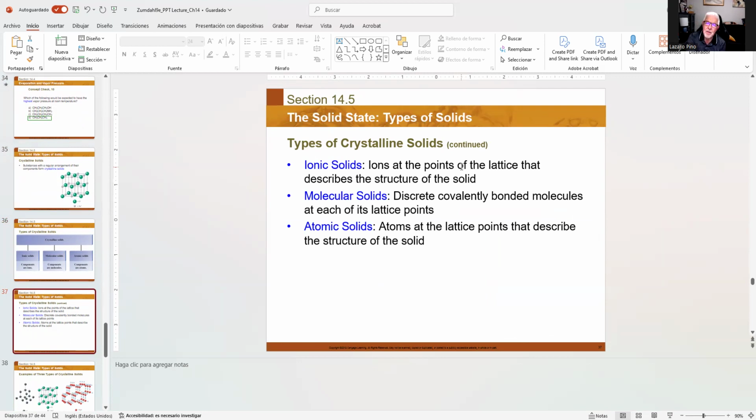In molecular solids, there are discrete covalently bonded molecules at each lattice point. And in atomic solids, atoms are at the lattice points that describe the structure of the solid.